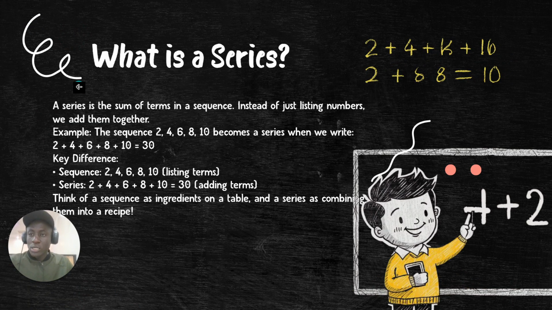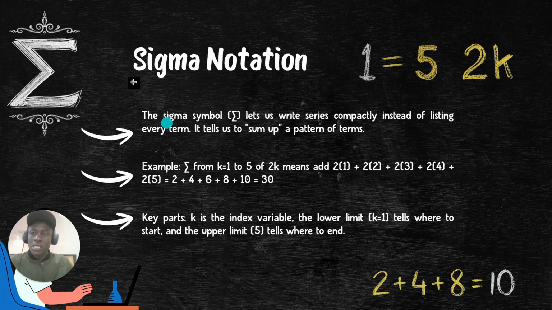And here we are going to have our first term. I'm going to explain this as we continue. And here we are going to put our formula. So this is called sigma notation. Sigma notation lets us write a series compactly instead of listing every term.